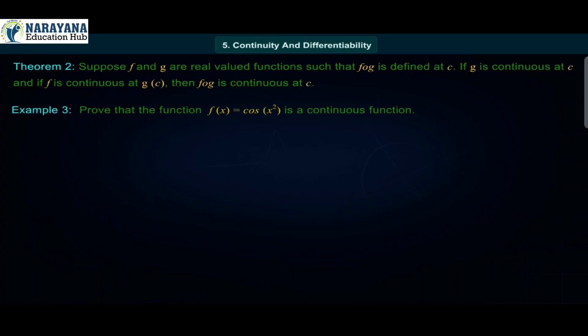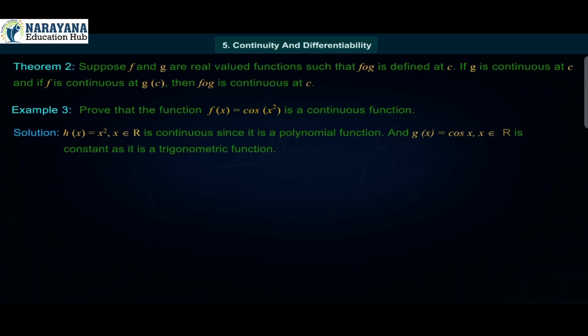Prove that the function f(x) = cos x² is a continuous function. Solution: h(x) = x², where x belongs to R, is continuous since it is a polynomial function, and g(x) = cos x, where x belongs to R, is continuous as it is a trigonometric function.